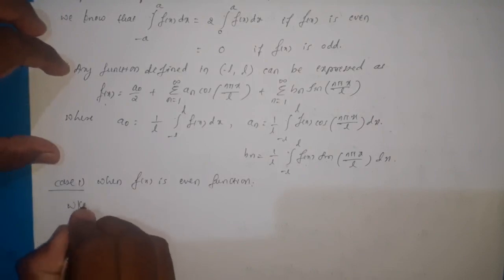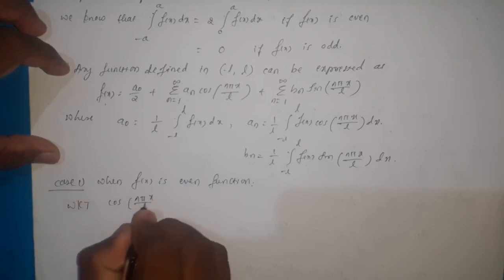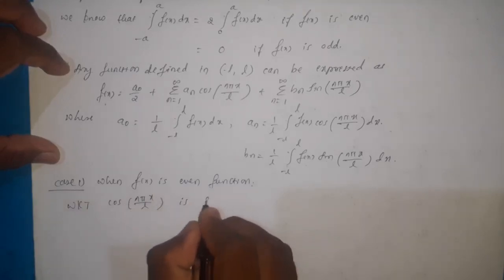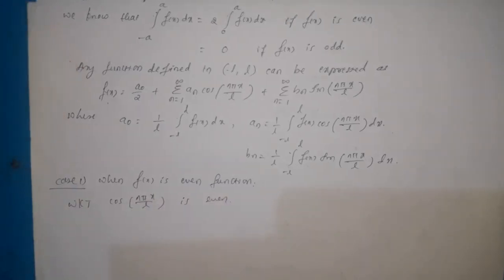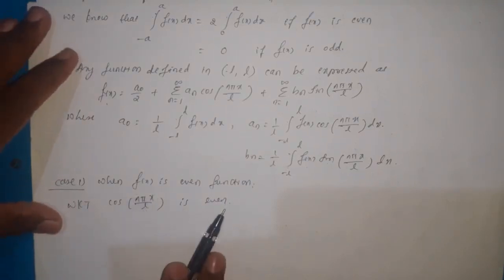So here we know that cos n pi x divided by L is even, right? Because cos of minus x equal to cos x, that is nothing but an even function. So cos of any value, whatever may be the theta value, that cosine function is an even function. So therefore cos of n pi x by L is even function.